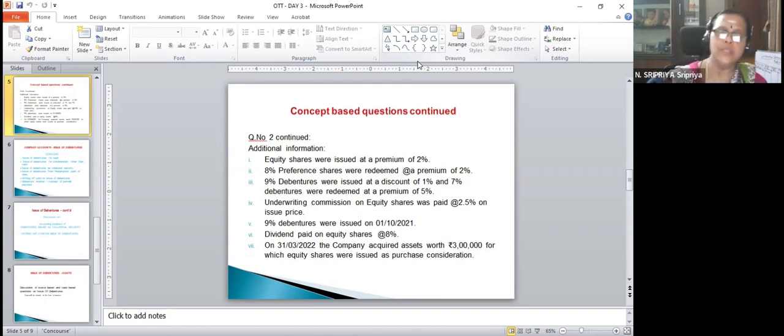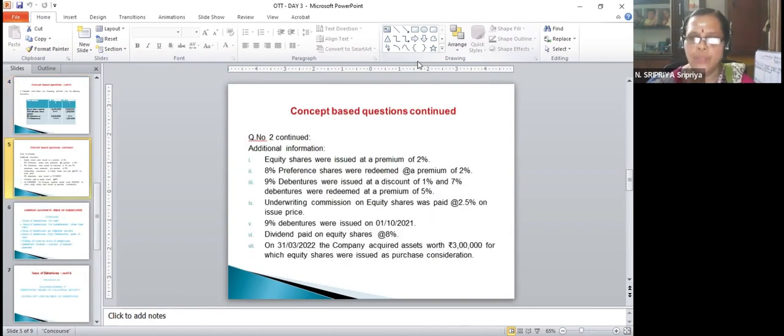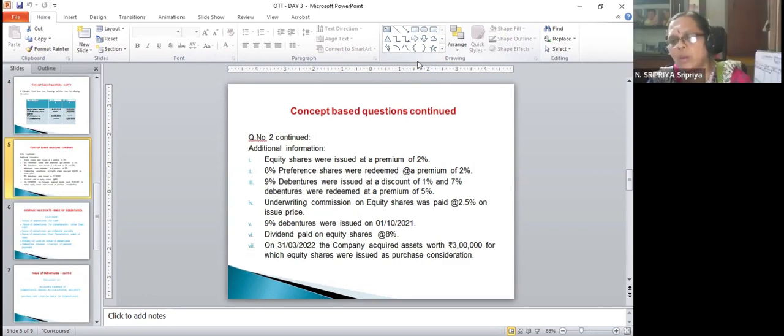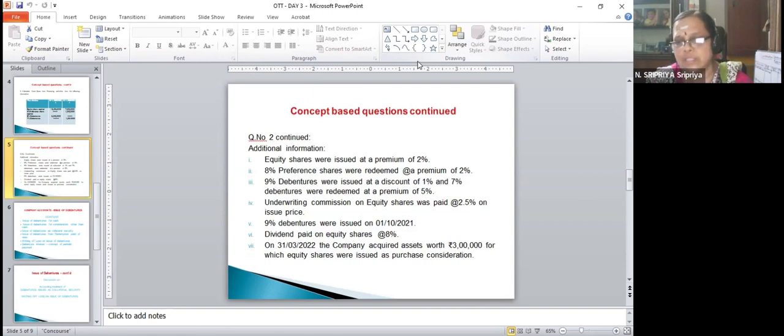Equity share capital is increasing from 7 lakh to 12 lakh. Now see the last one, additional information number 7. On 31/3/2022, the company acquired assets worth rupees 3 lakhs, for which equity shares were issued as purchase consideration. So shares are increasing by 5 lakhs, out of which 3 lakhs go for purchase consideration.